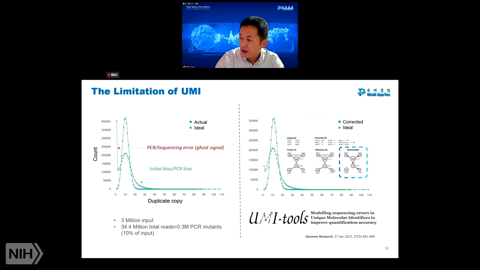For example, here you have an ACAT that has 72 copies, and then you have an ACAG that only has 1 copy, and there is 1 base difference. So according to the algorithm, it tends to call it the same molecule.